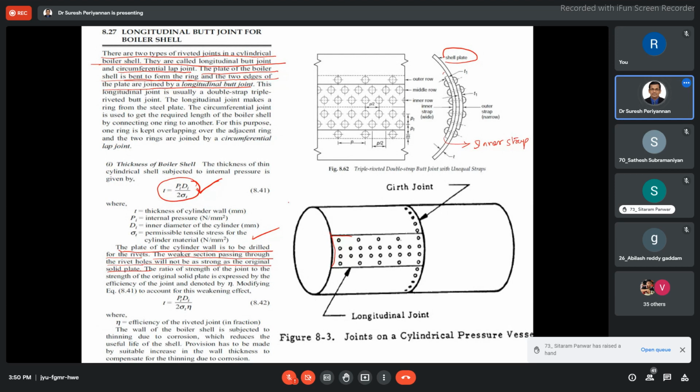That's what Pi Di by 2 sigma into t epsilon, efficiency. See here, the plate of the cylinder will be drilled for the rivets, and the weaker section passing through the rivet holes will not be as strong as the original solid plate. Hence we introduce the ratio of the strength of the joint to the strength of the original plate, expressed by the efficiency.